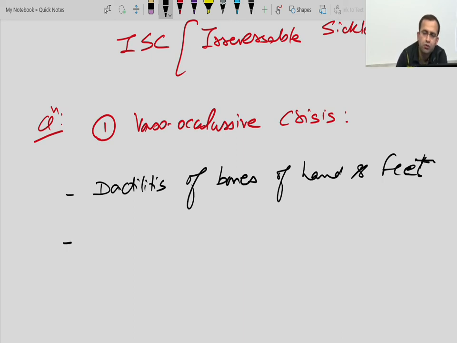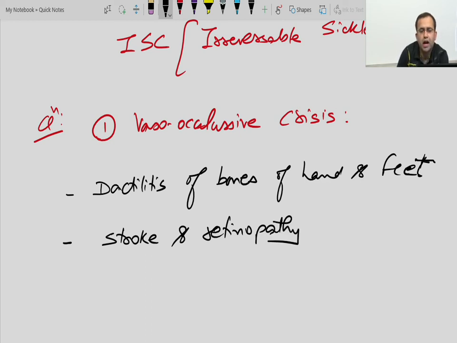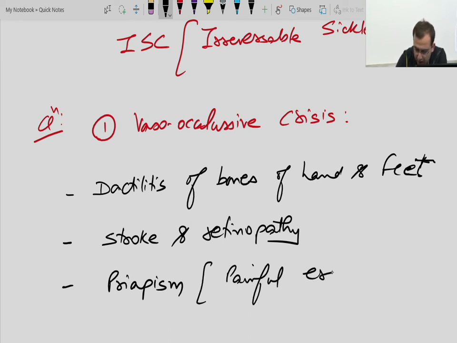Next, because of occlusion of the cerebral vessels, it is associated with stroke and retinopathy. Next, it is also associated with priapism. What is priapism?